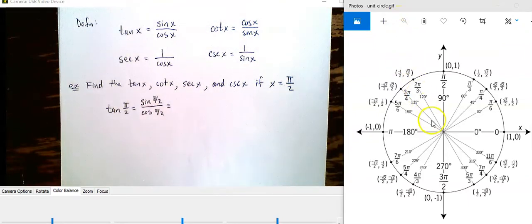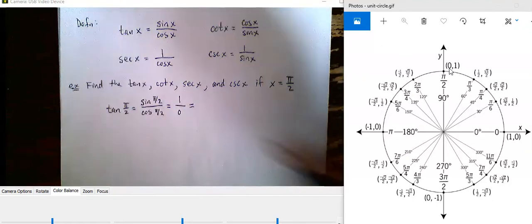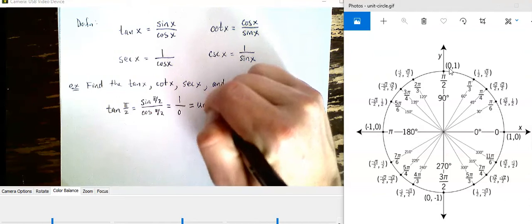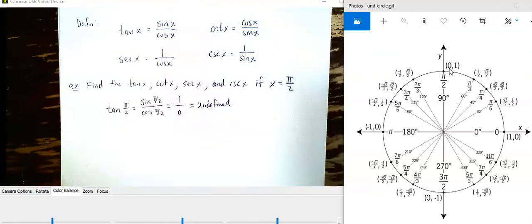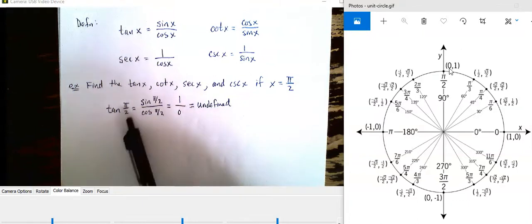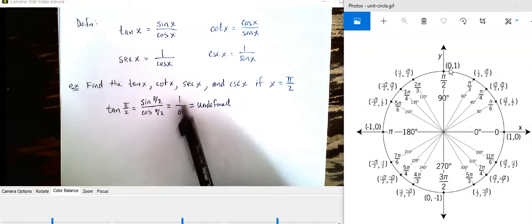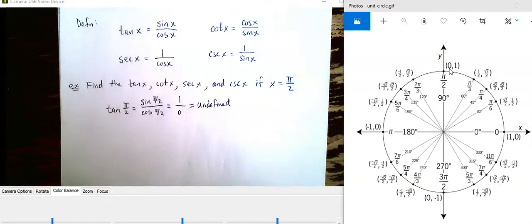You can see here at the angle pi over 2, our sine is the y-coordinate, so that's 1 over 0, which is our cosine. And we know 1 over 0 is undefined. Can't divide by 0. So there must be something going on at x equals pi over 2 on the graph of tangent. You can probably guess, since we have a 0 in the denominator, that this is going to make an asymptote on our graph.